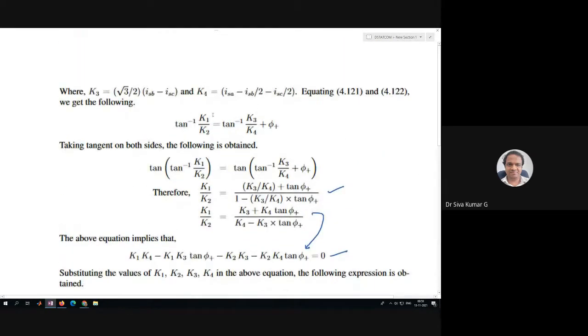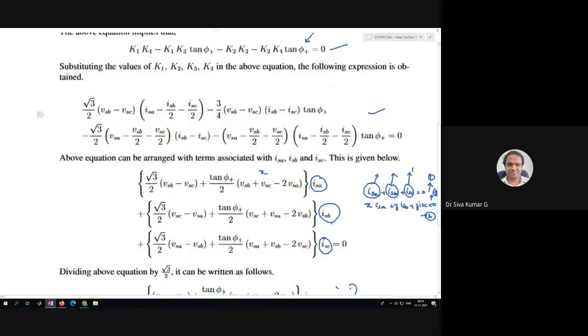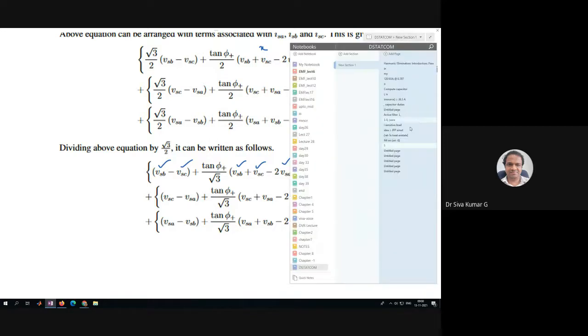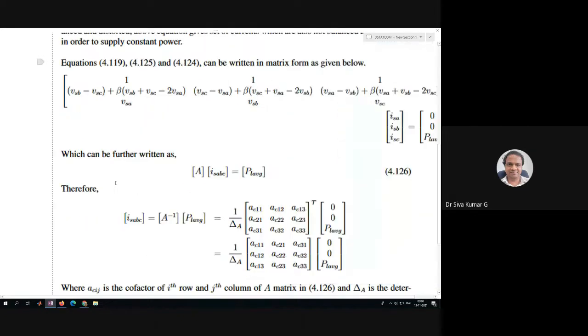We are just rearranging in order to get the expression in terms of ISA, ISB and ISC. Anyway, these are the voltages which we know and can measure, but we don't know what exactly the ISA is. We are evaluating it by considering the compensator objectives. See, we have three unknowns, and we require three equations in order to evaluate the ISA.